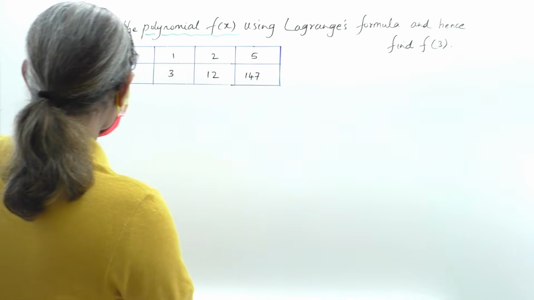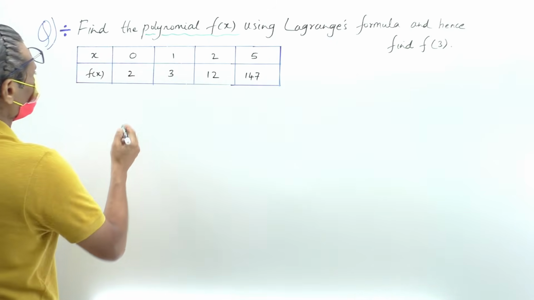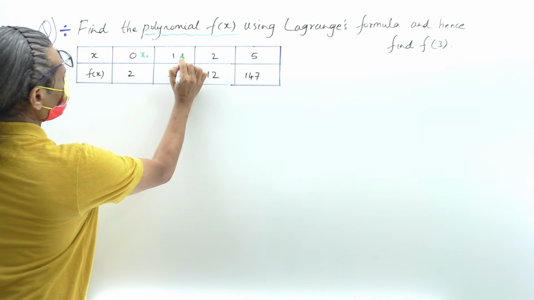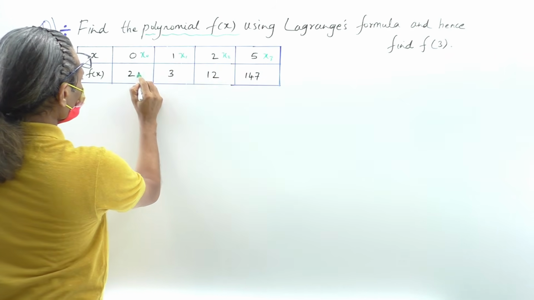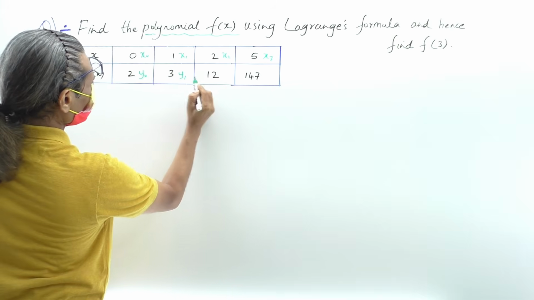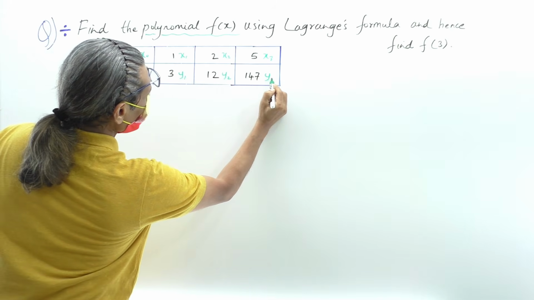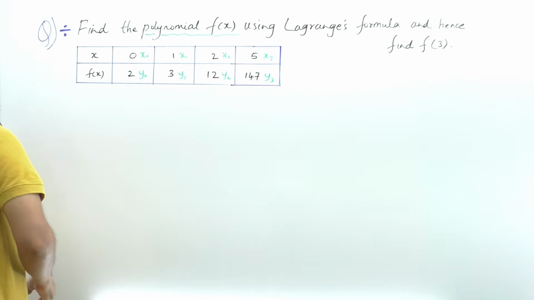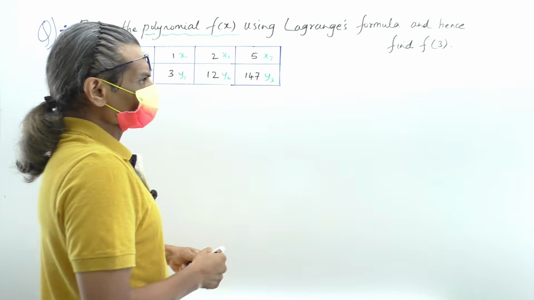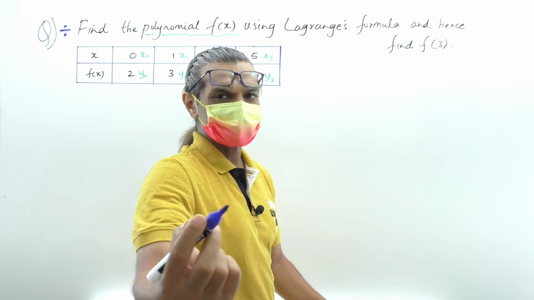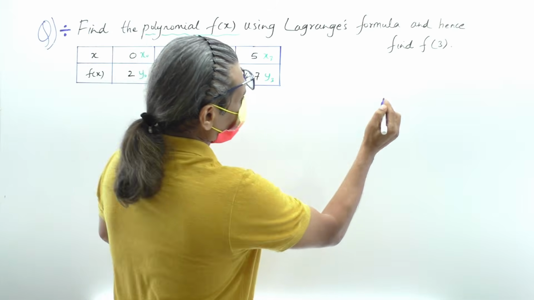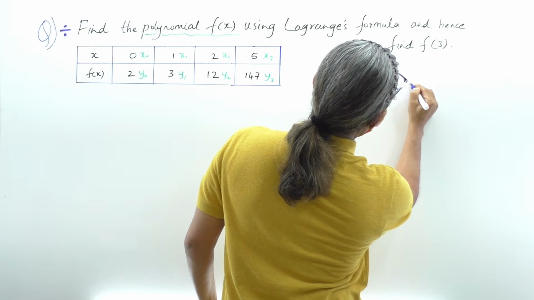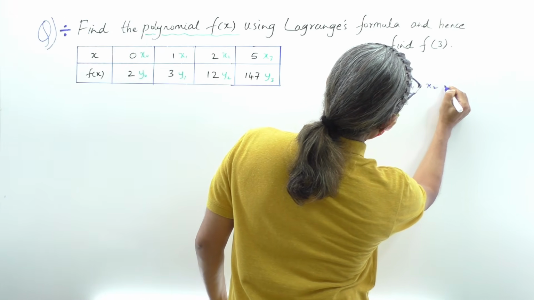So you will see here, these are the values for x0, x1, x2, x3, and this for y0, y1, y2 and y3. So first what I'll do, see, you can take a pencil, write like this. See, x0, x1, x2, x3, right? x0, x1, x2, x3.